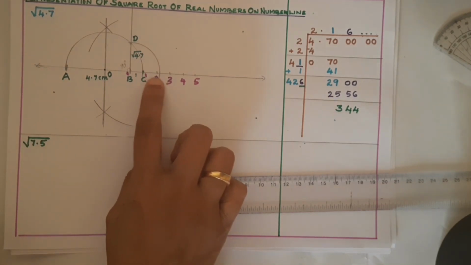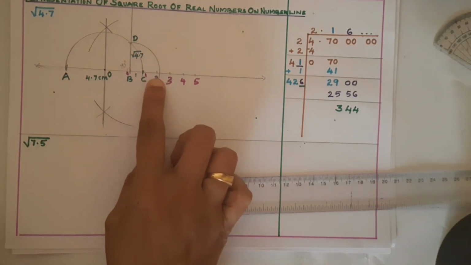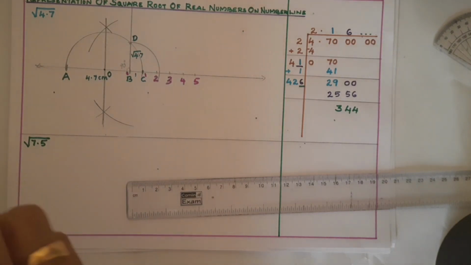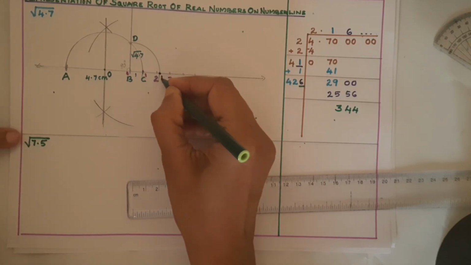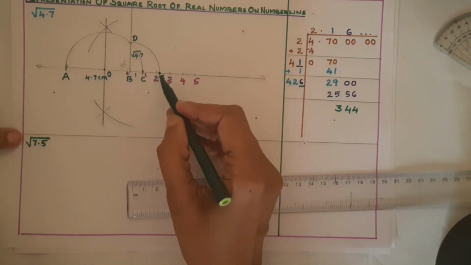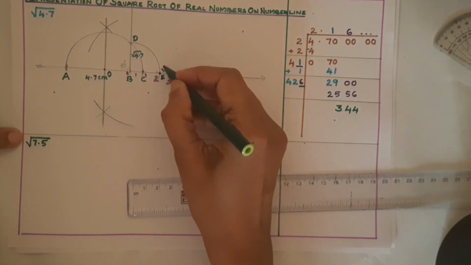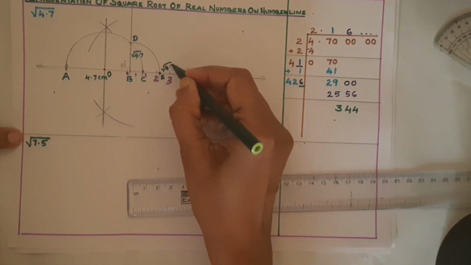It will be 2.1 or 2.2. And this position we can mark as E, and this E gives square root of 4.7.